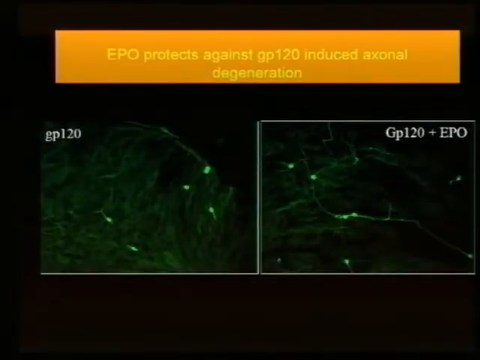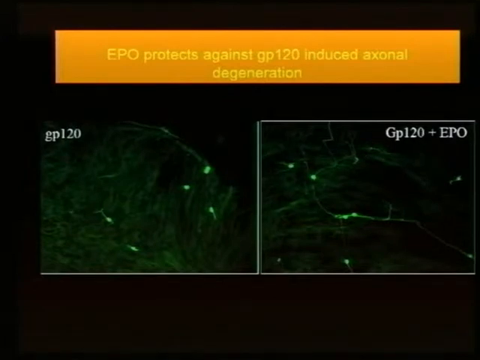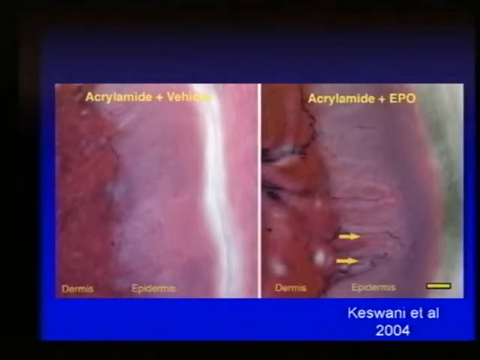This just shows some of the in vitro evidence. It's just some snapshots, essentially, just to give you an idea. So we did see evidence of prevention of axonal destruction by neurotoxins when we added EPO. This is all in vitro, so I'm still talking about on the glass cover slip.